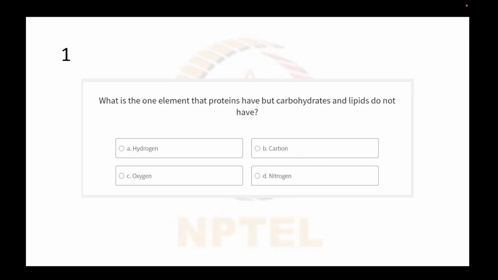I'll wait for a minute for others to answer. Yeah, so nitrogen is the one element that proteins have in their amino group but carbohydrates and lipids do not have.